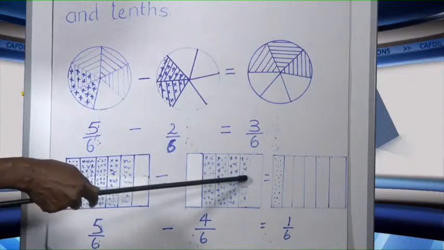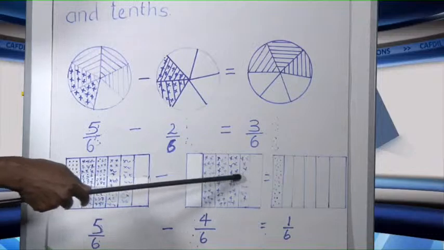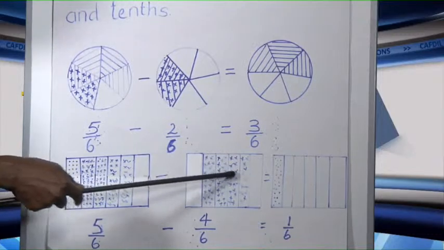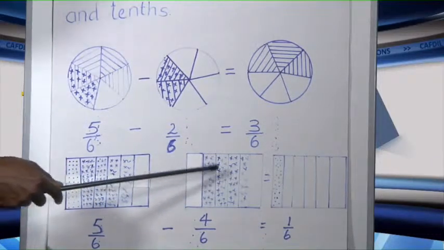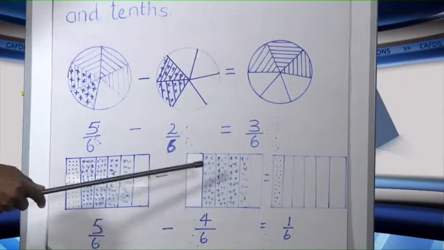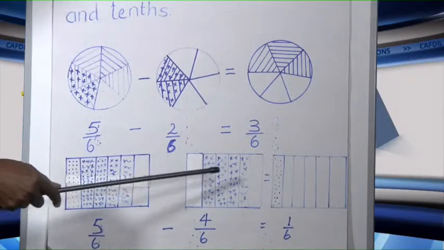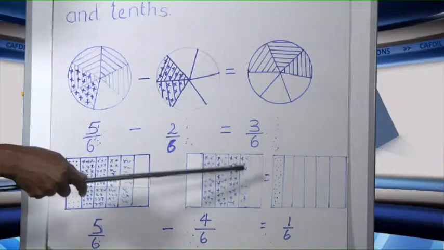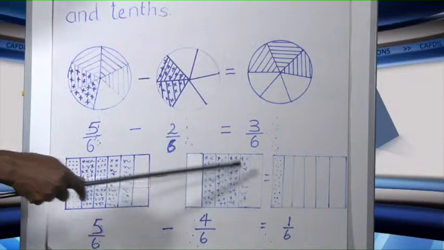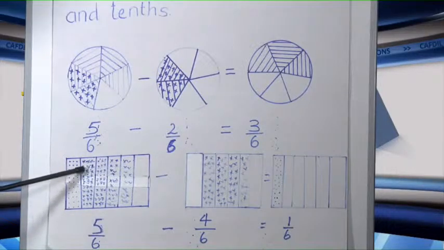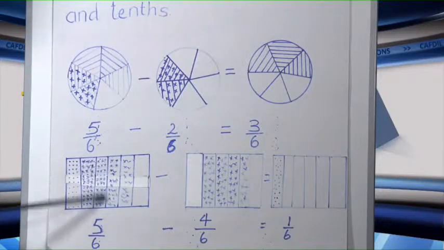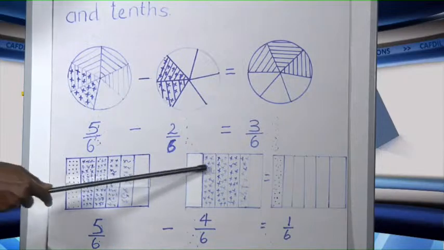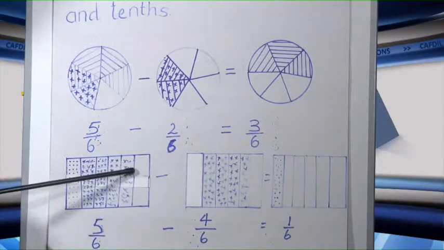Now, let us take the number of this shading that we have here. How many? Let's count. 1, 2, 3, 4. If we take them out here, we take this out. 1. Take that out. 2, 3, 4. So we take this out of the whole shading.